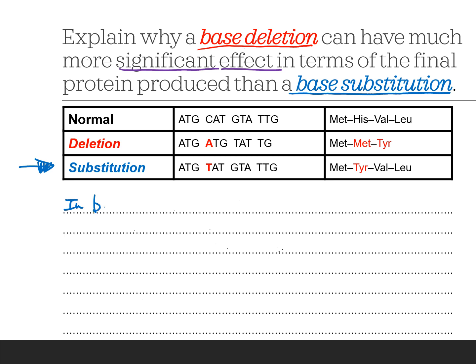In base substitution, how many triplet codes are affected? Let's take a look. The only triplet code affected is the second triplet code.